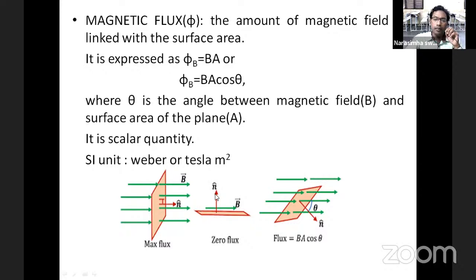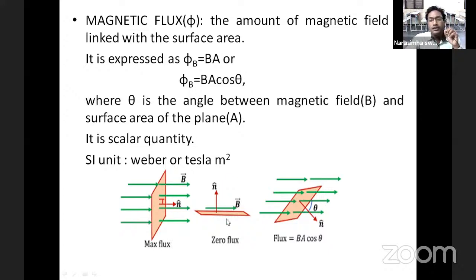The plane is parallel to the magnetic field and the surface is perpendicular to the magnetic field. Here it shows zero flux.